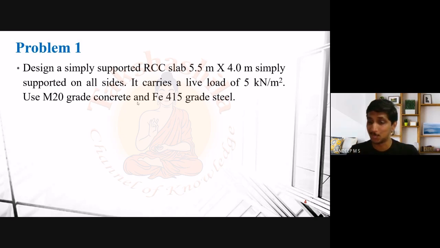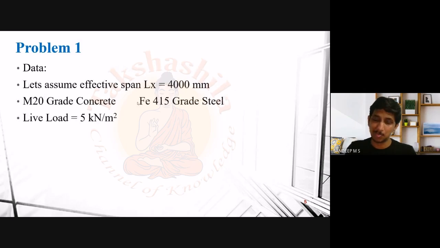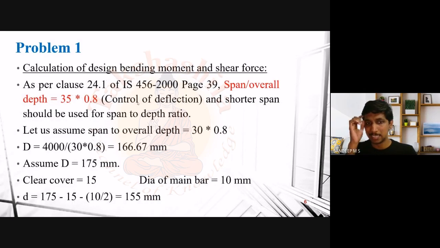Now I am just going to confuse you. I thought of editing this, then I thought I will leave it to you anyway. Don't feel confused. Here I have taken this problem from one of the textbooks. What they have done is that they have just assumed the overall depth to span ratio as 30. This cannot be related to the values given in the corresponding clause.